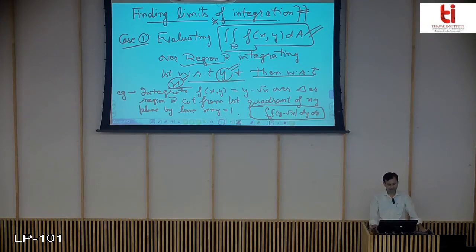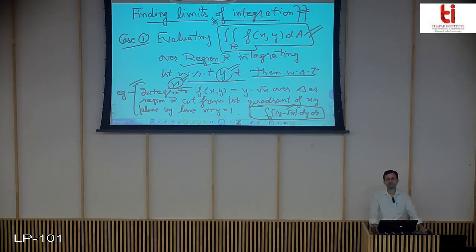So if we are integrating the double integral over region R first with respect to y and then with respect to x, we considered this example. There is a three-step strategy: first sketch the region and label the bounding curves, then find the limits of integration of y by considering an imaginary line parallel to the y-axis crossing through the region in the increasing direction of y.